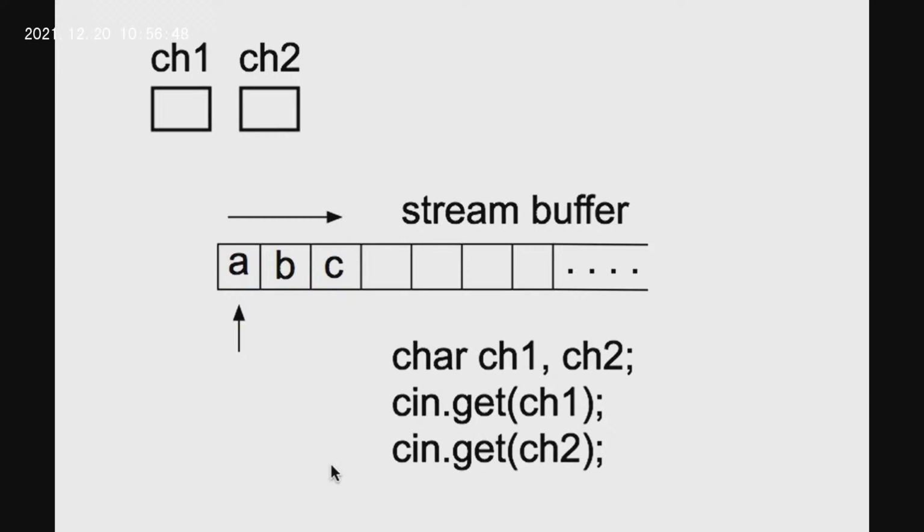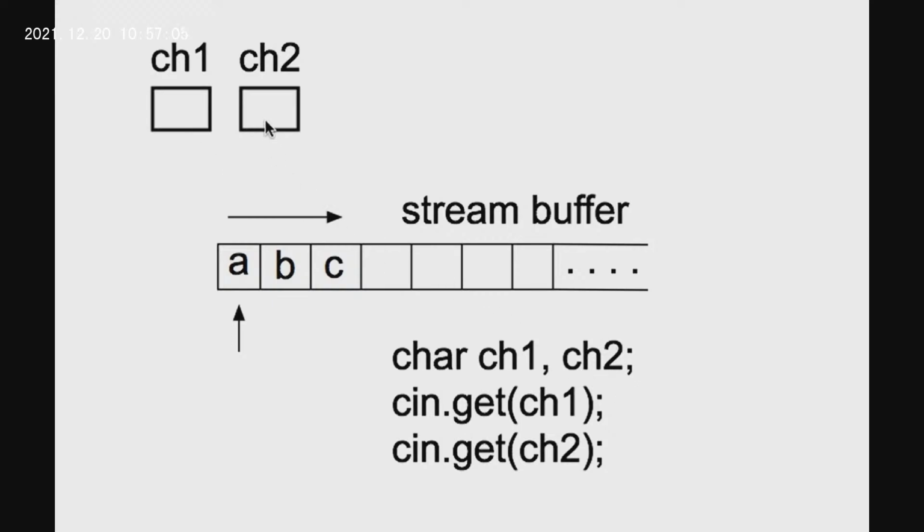When our program starts up, let's say these are the first few statements. We set aside memory for ch1, which is a char, and then memory for another char called ch2.